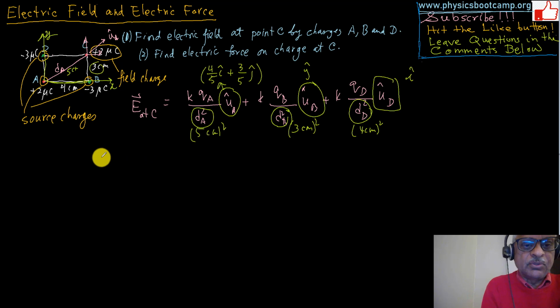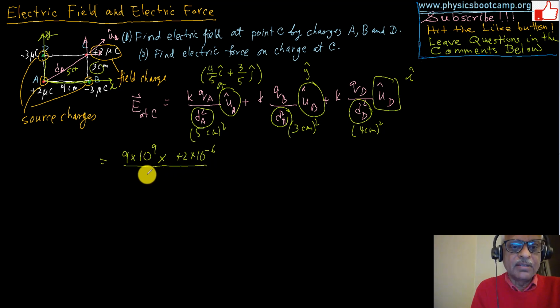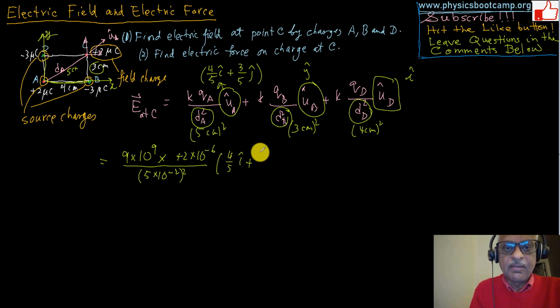So let's write this whole thing out. k is 9 times 10 to the power 9, and QA is 2 microcoulomb, so 2 times 10 to the minus 6, divided by 5 times 10 to the power minus 2 squared. Everything in MKS units, and this one is 4/5 I hat plus 3/5 J hat.